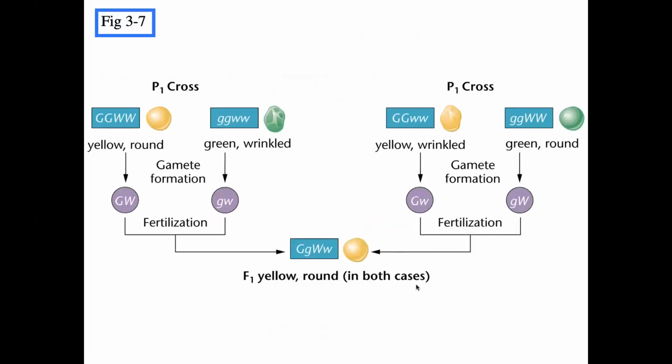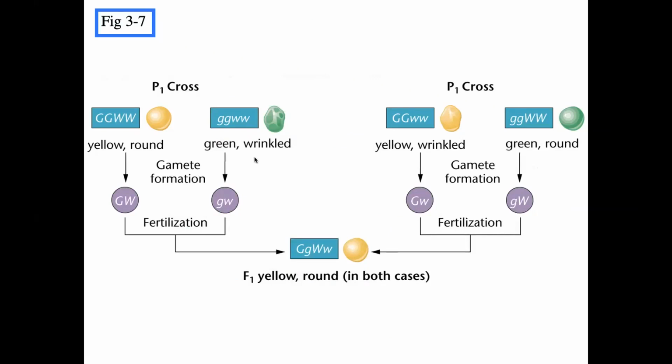In Mendel's crosses, he started with pure breeding yellow round as one parental type and pure breeding green wrinkled as the other. When we say pure breeding, what does that mean from a genetics perspective? It means that the individuals are homozygous. So for these phenotypic descriptions of the parents, we can now assign genotypes.